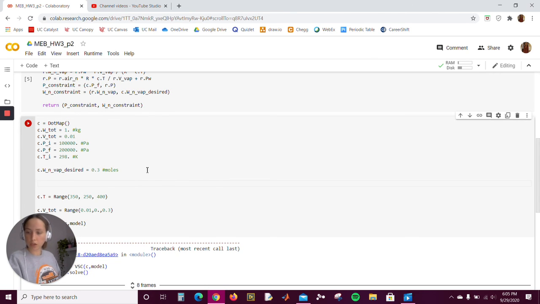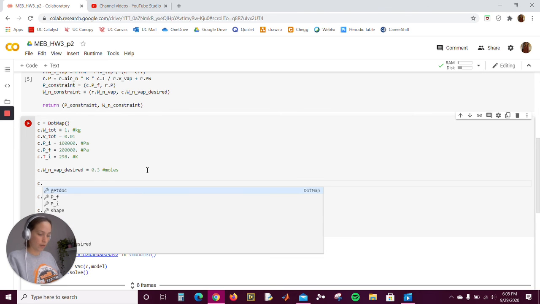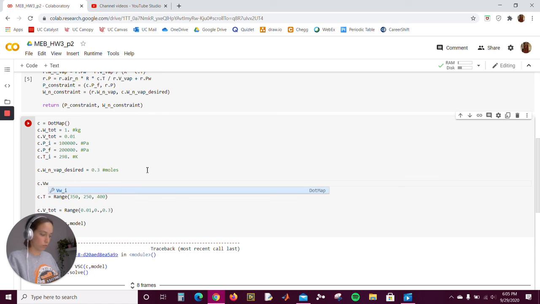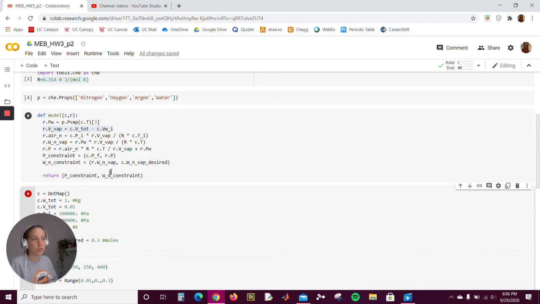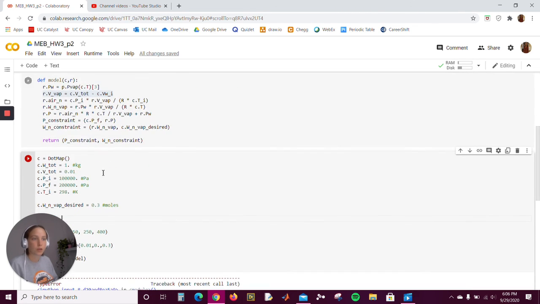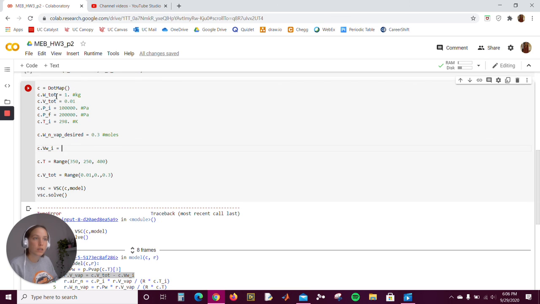Do that right here. So our C dot the volume of water is equal to the mass divided by density. And density is something that, again, Code has stored for us in one of his codes, so we can use that. And then our mass is C dot W underscore tote.